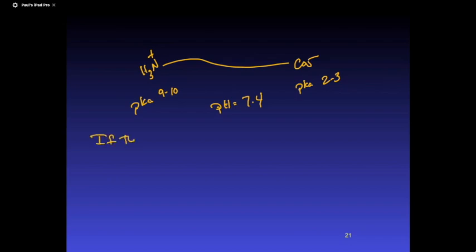If the pH is higher than the pKa, what does that mean? If the pH number, 7, is higher than the pKa, 2, then deprotonated. Take off the proton.